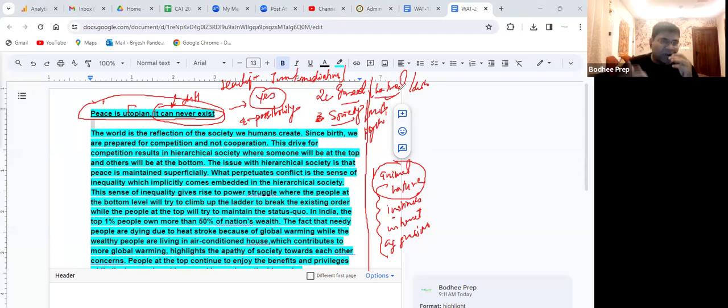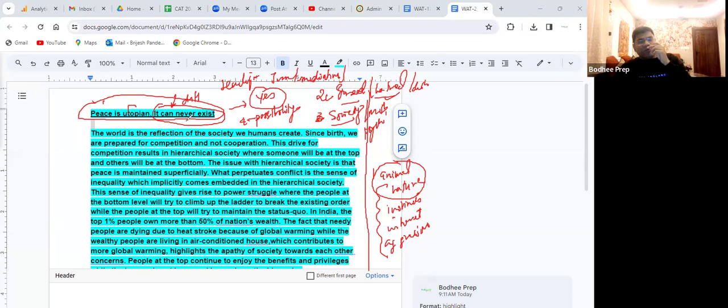We have that sense that we are not materially well off. And that is also one of the reasons why people harbor ill will towards others. So, greed and hatred are two basic important factors that contribute to a lack of peace in society. And much of it is born because of the materialistic desires of human beings.